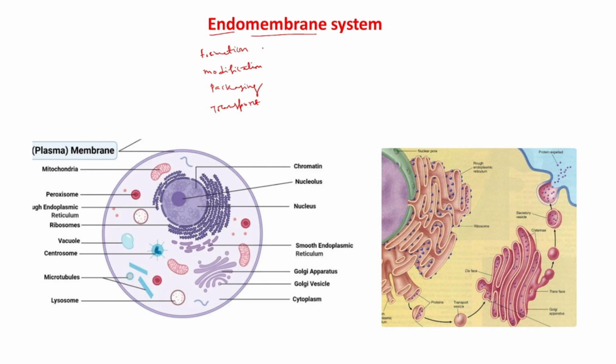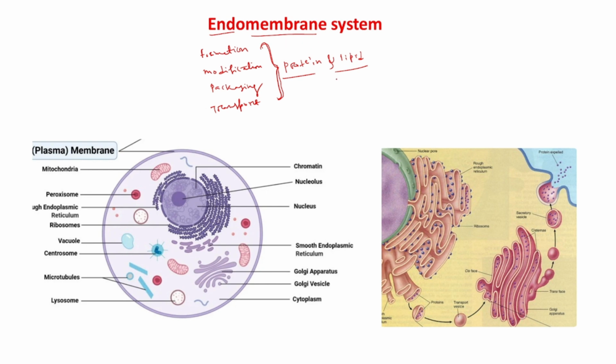So a system is present inside the membrane which is responsible for the formation, modification, packaging and transport of protein and lipid. That means the system is coordinated for the formation, modification, packaging and transport of protein and lipid.